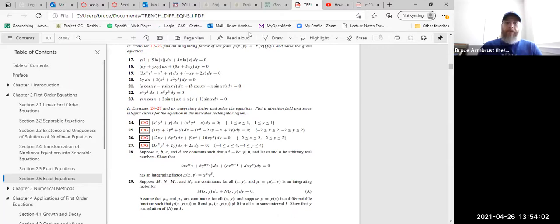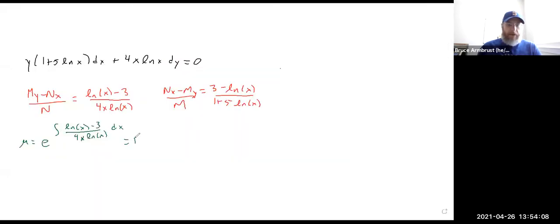Well, for us, this is going to be p of x, and q of y is going to be 1. So that when I multiply those things together, I've got my integrating factor.